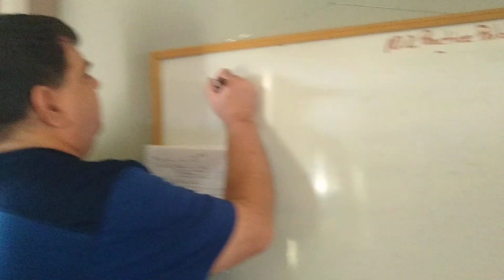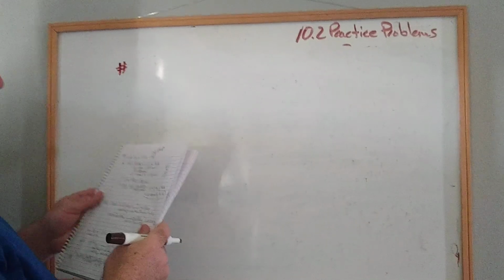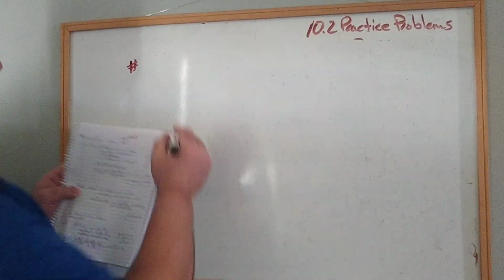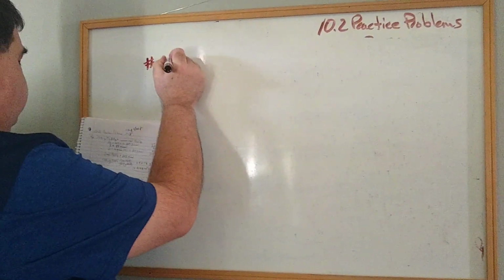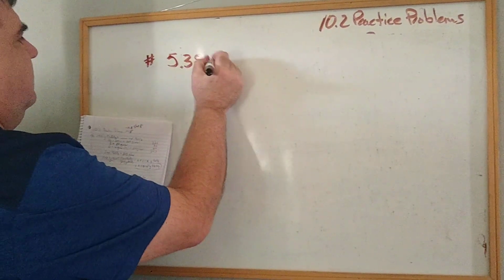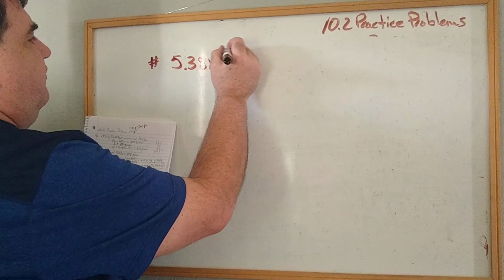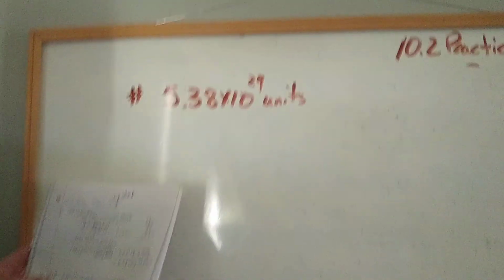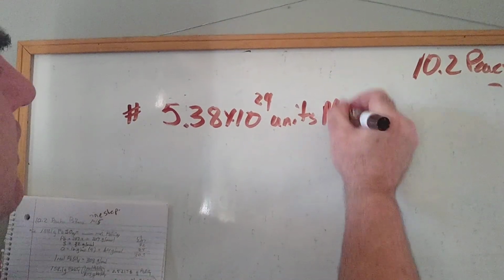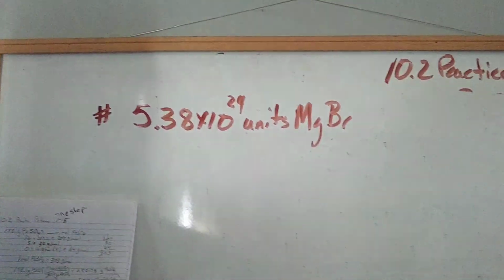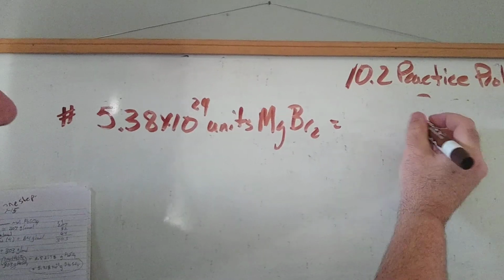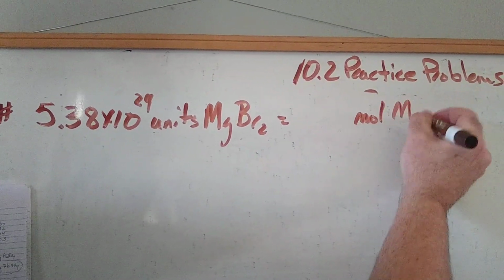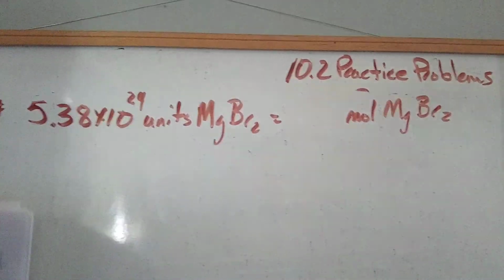So for number 12, and I'm going to do this one a little bit more streamlined, it wants to know if we have 5.38 times 10 to the 24 formula units, and I'm just going to write just units. I can shorten that up to units of MgBr2 is going to be equal to how many moles of MgBr2.